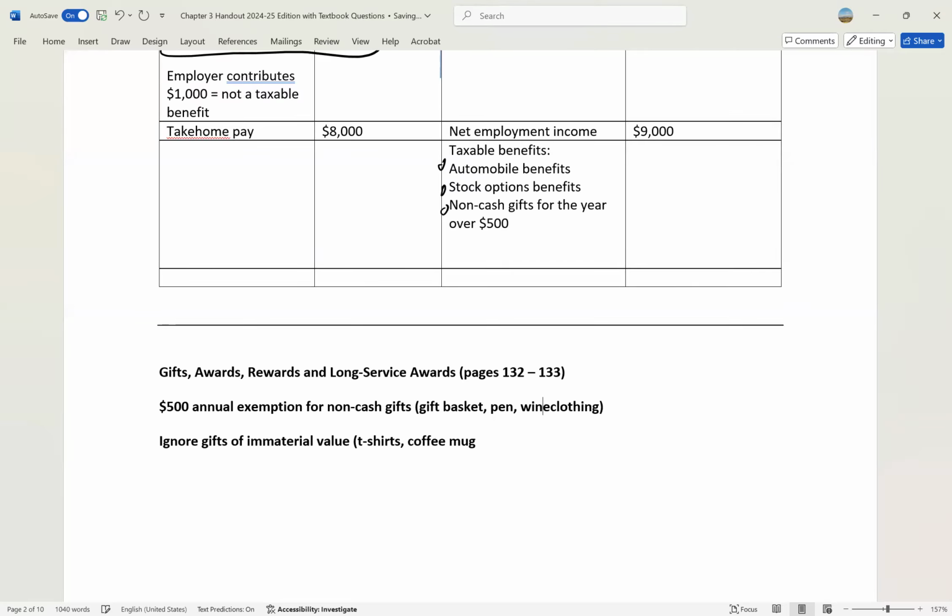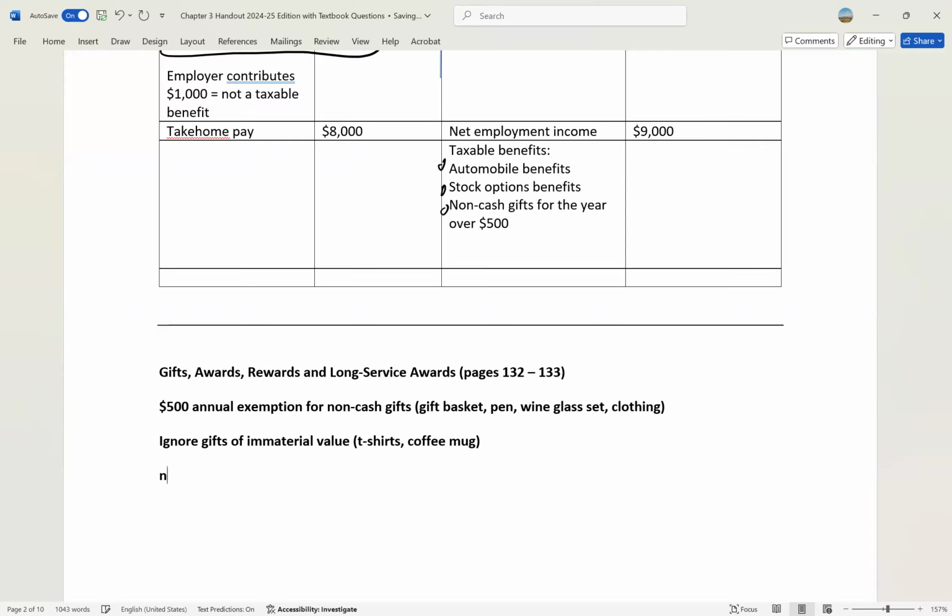But let's say you got a nice wine glass set. That might be considered a non-cash gift. But anything that is immaterial, you go to a company picnic, every employee gets a t-shirt. You start a new job at a company, they give you a coffee mug with the company logo. That would be a gift of immaterial value. You can just ignore that altogether.